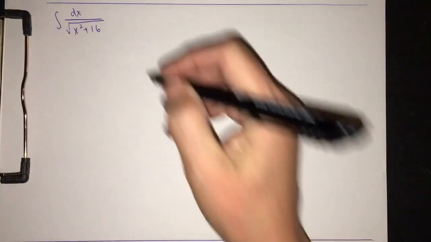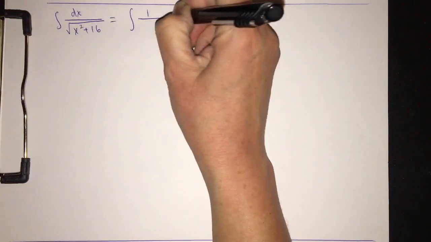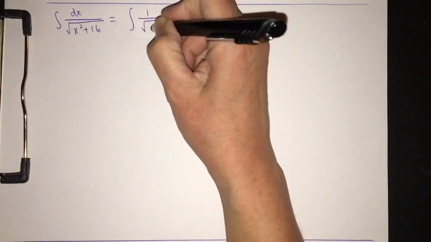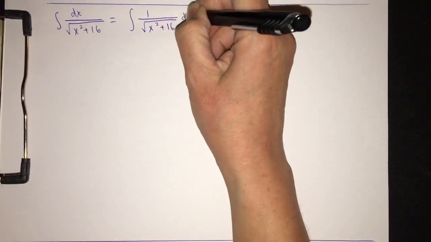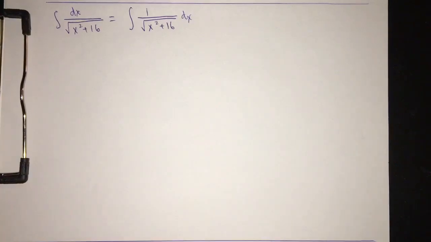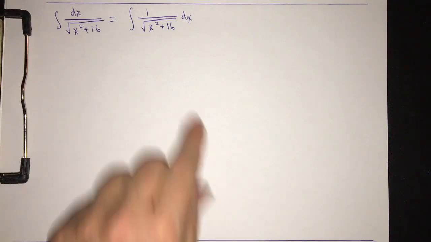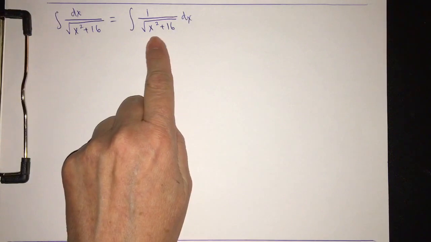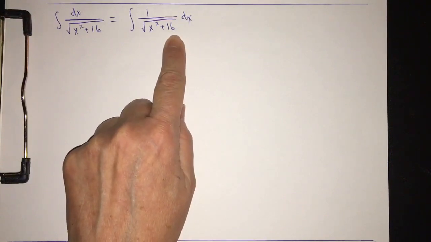My personal preference is to take the dx and put it on the side, though it's correct in either place on this fraction. So I'll rewrite that as the integral of 1 over the square root of x squared plus 16 dx. And this problem is of the form x squared plus a squared, where a equals 4.